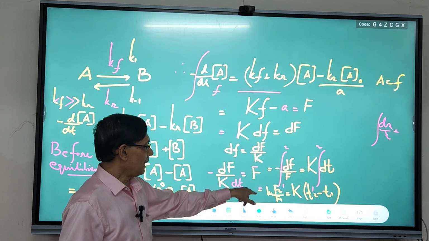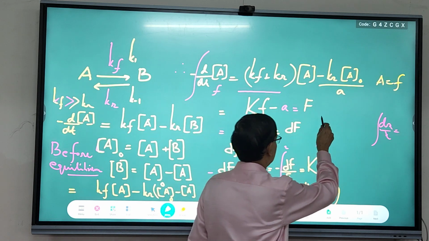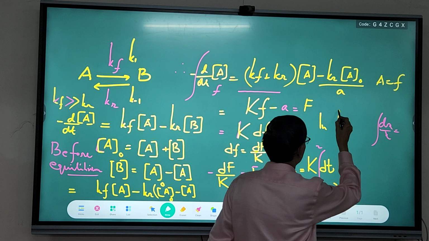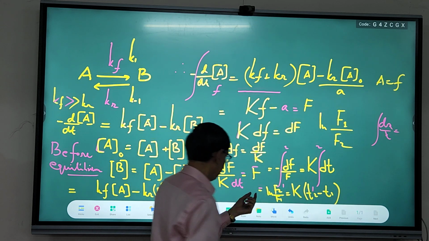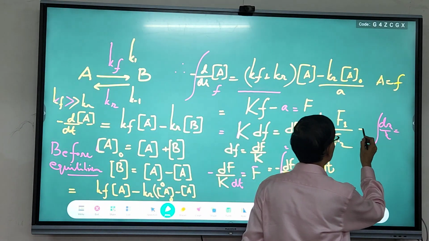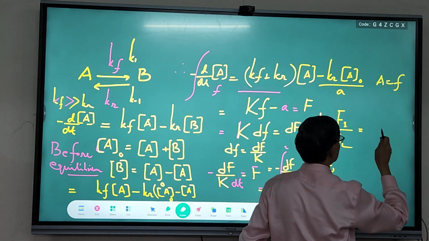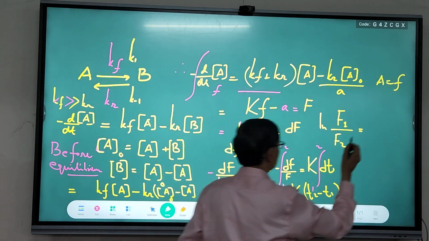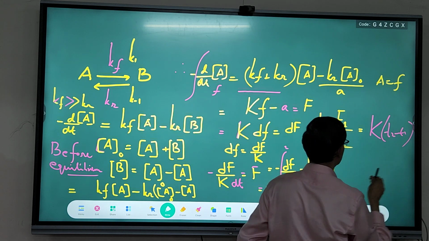So now there is a minus sign, and if t is equal to 0, so I can write natural log of F1 by F2. Why? Because I changed this minus sign. So naturally F1 by F2 is equal to K times T2 minus T1.